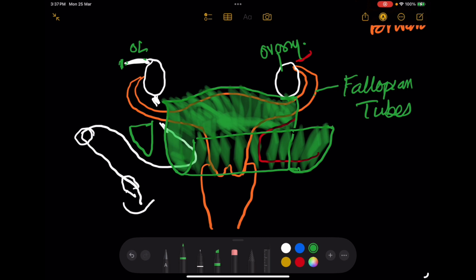This is the ovarian ligament, and it is connected by the round ligament, which lies in this space. It goes like this, then into the anterior abdominal wall, the deep inguinal ring, the superficial inguinal ring, and it ends in the representation of the scrotal skin in the female, which is the labia majora.